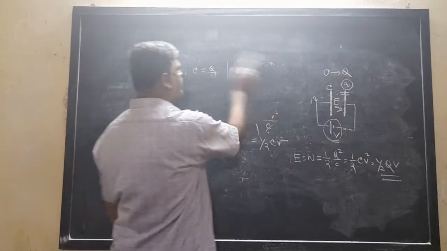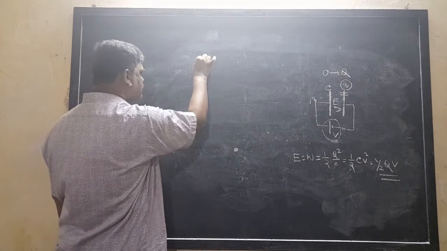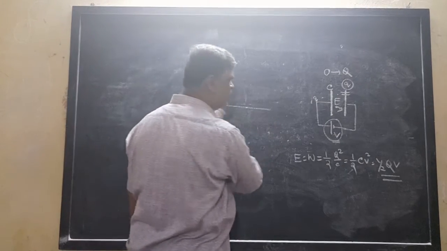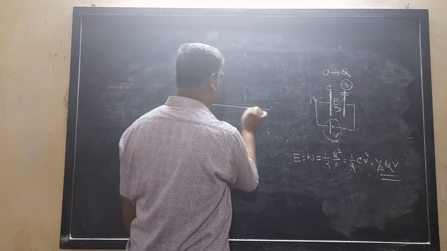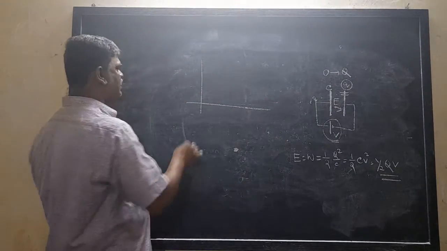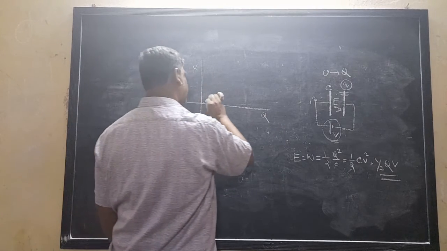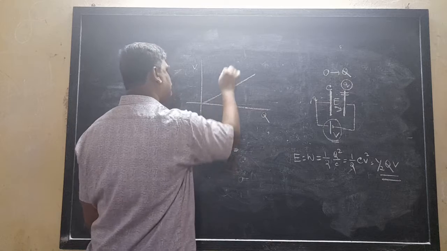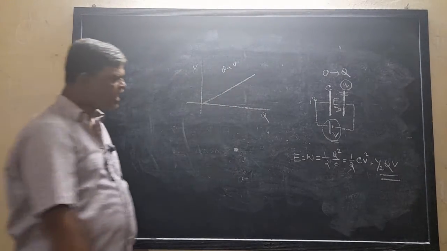Clear? So let us see, if charge is given to a conductor, there is a rise in potential, or if there is a rise in potential, there is an increase in charge. Suppose we draw q versus v, it is a straight line, since q is directly proportional to v. Then what is half qv?